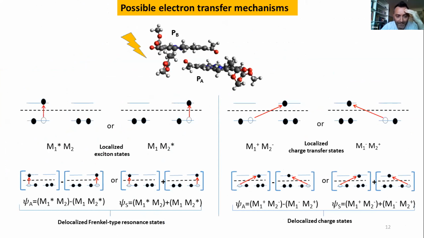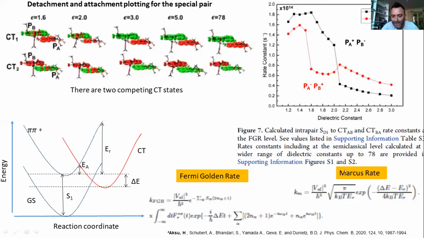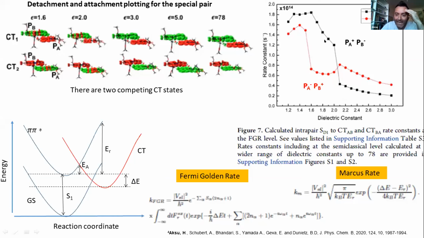We looked at the excited state of the special pair, and we see the localization of the charge transfer state below the bright state. Then we finally calculated the rate, which is consistent with the experimental finding, which says the electron goes from PA to PB plus, which is indeed a dark state.